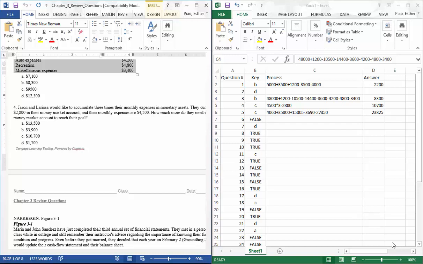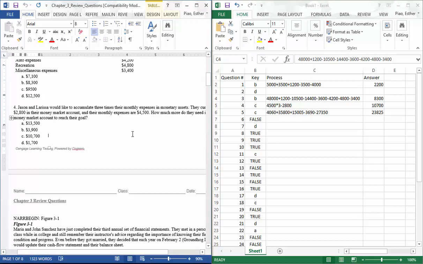The key here is that Jason and Larissa would like to accumulate three times their monthly expenses in monetary assets. If you're familiar with the liquidity ratio, it means they want a liquidity ratio of 3.0 or higher.